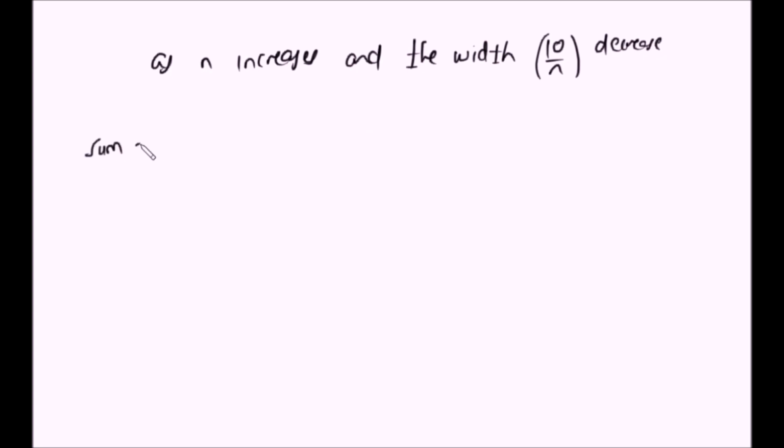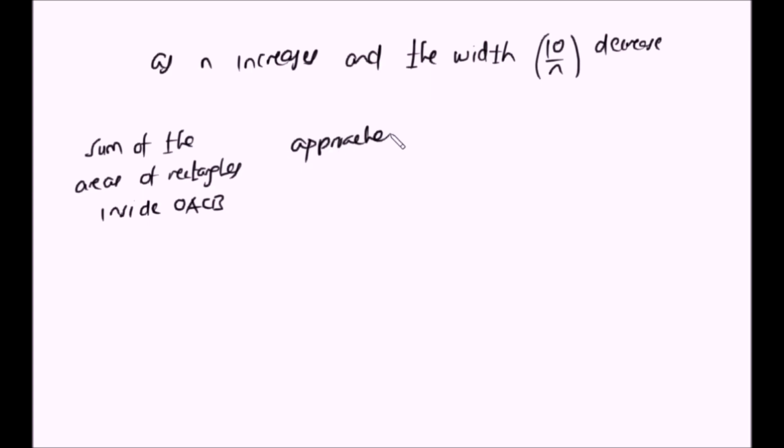The sum of the areas of rectangles inside OACB approaches, meaning it gets closer to the area of the trapezium OACB. So the sum of the areas of rectangles keeps approaching. What does that mean?